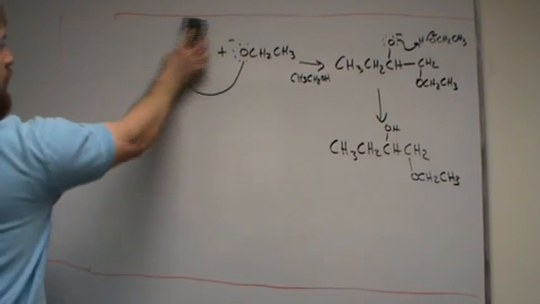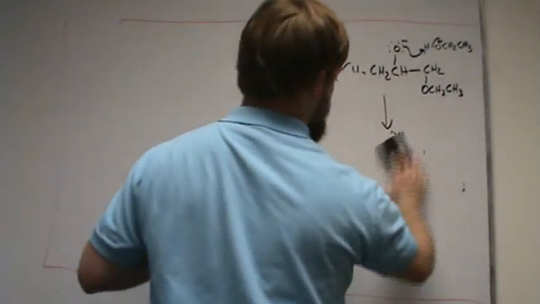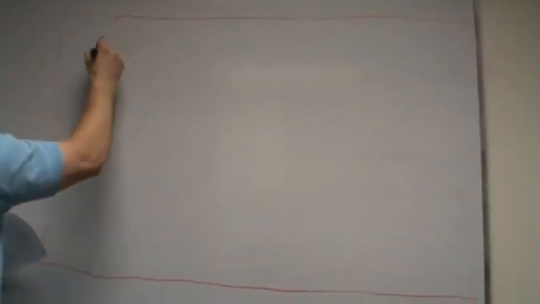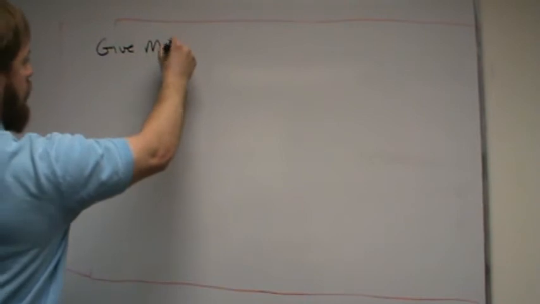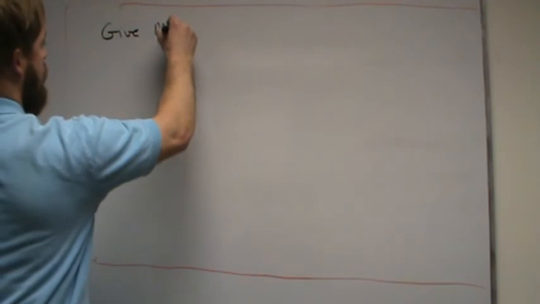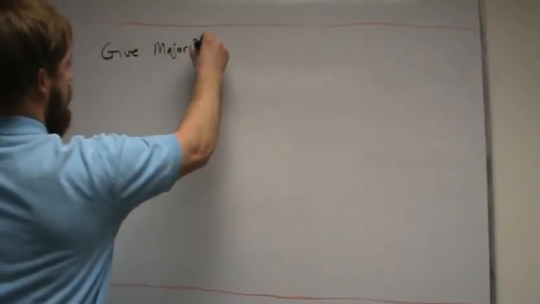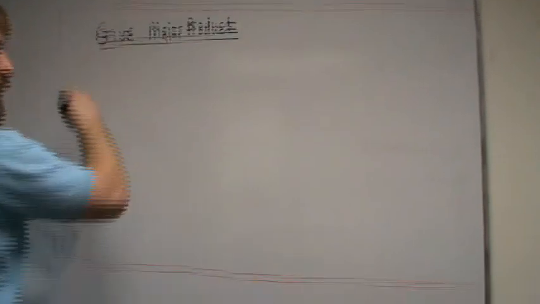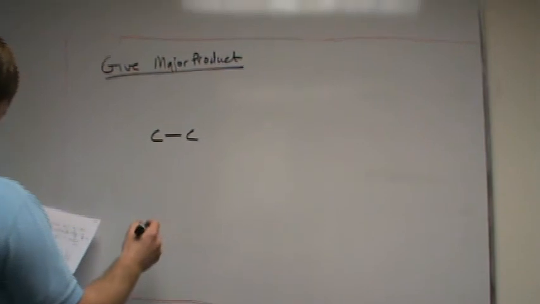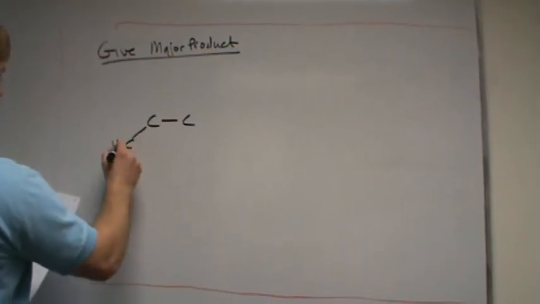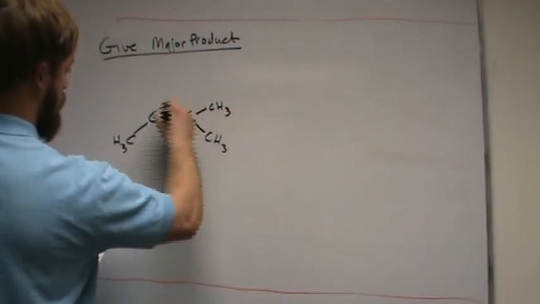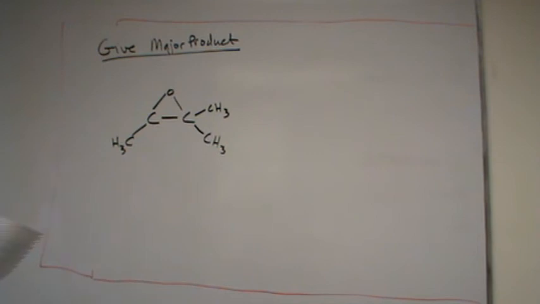So let's put it together. I want you to give the major product. Okay. Give the major product here. And I'm going to give you one epoxide. Okay, there's one epoxide.